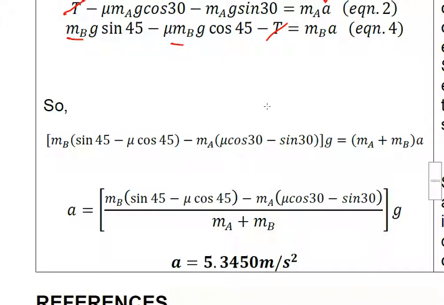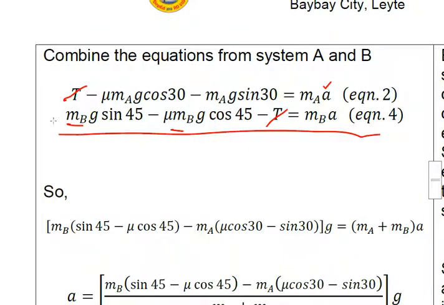This is the resulting equation after we add them, so let me do this one for you guys.